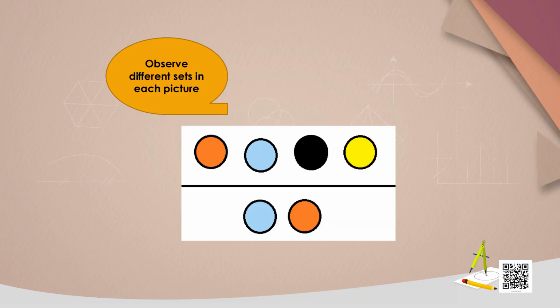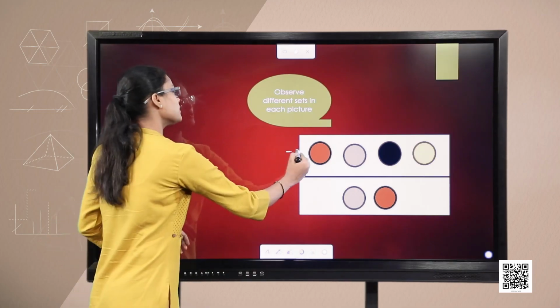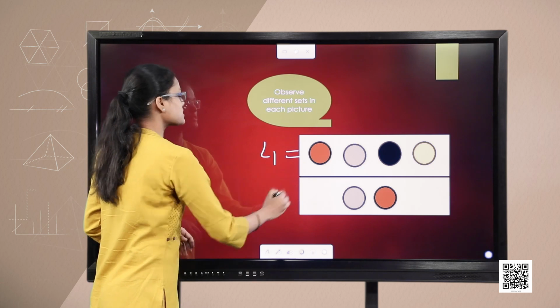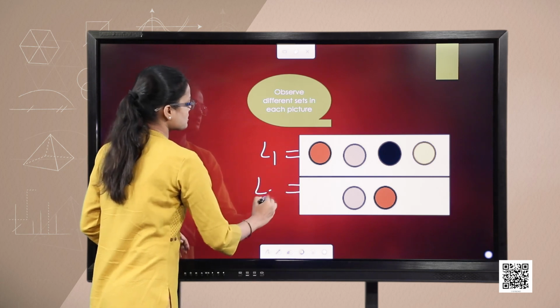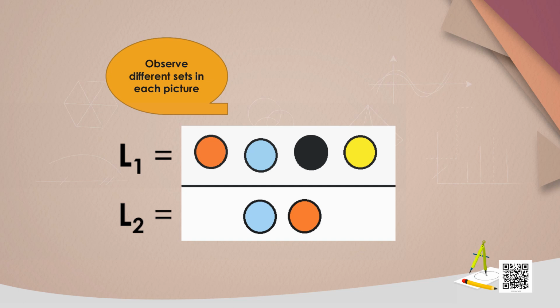Students, observe this image. What do you see? If I say this is representing one set and this is representing the second set, L1 consists of 4 different colored balls: orange, blue, black and yellow. L2 also consists of colored balls, blue and orange.